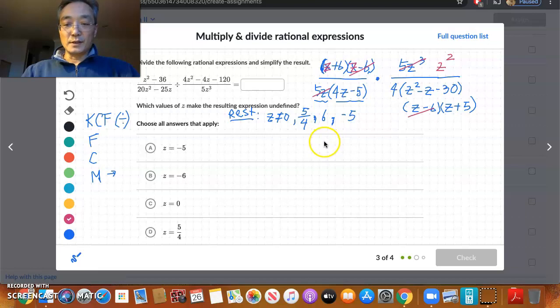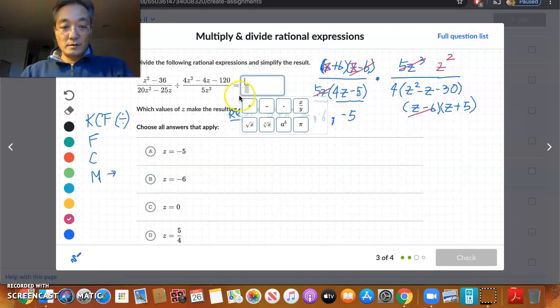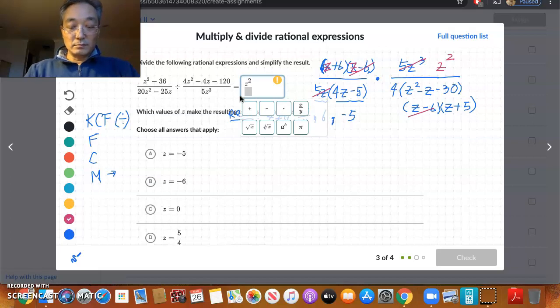I think that's it. So let's write out whatever's left. We're going to have z squared times (z plus 6) over 4 times (4z minus 5) times (z plus 5).